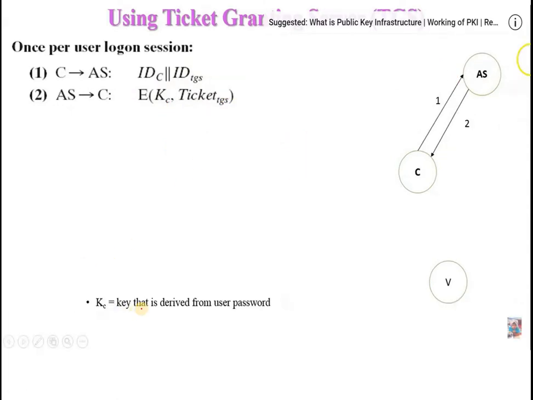So what is KC here? A key that is derived from the user password. KC is the key that is derived from the user's password, because in the first step the C will send IDC and ID of TGS.